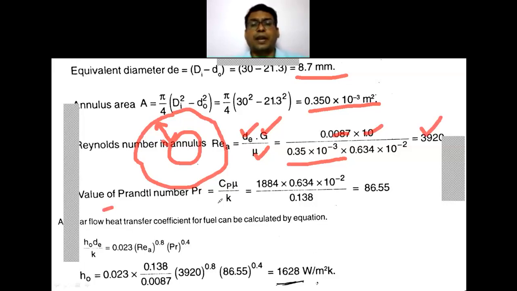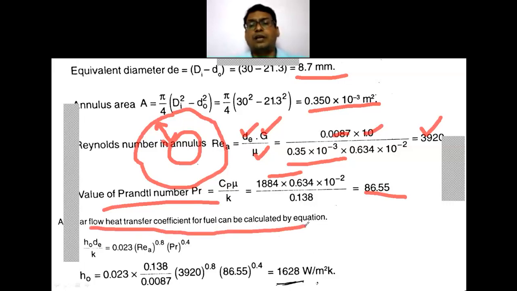The Prandtl number, Cp mu upon K, comes as 86.55. Then the annular flow heat transfer coefficient for the fuel can be calculated using this equation, where h_o D_e upon K is equal to 0.023 into Re raised to 0.8 into Prandtl number raised to 0.4.